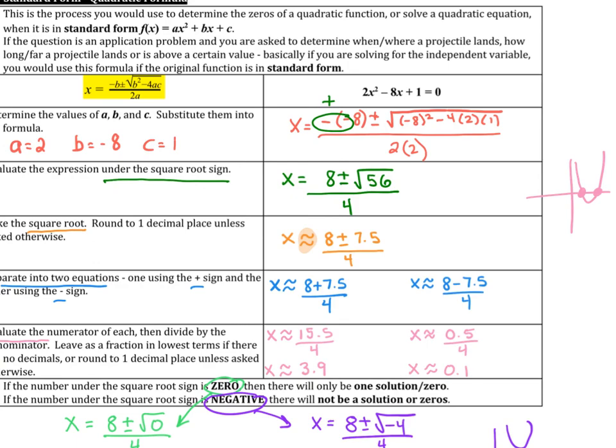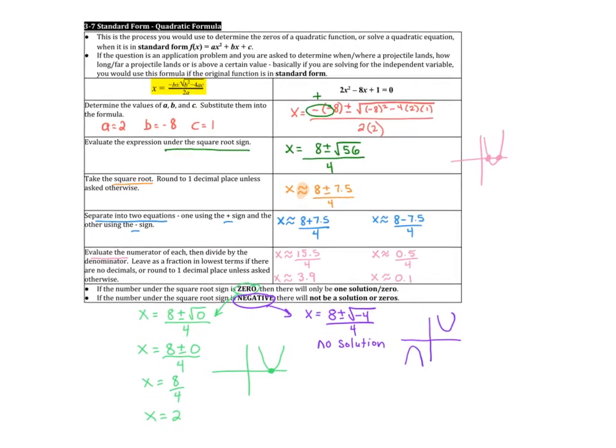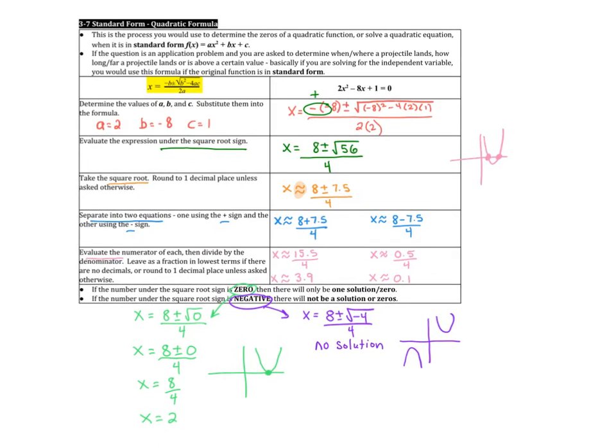So those are the three cases. You could get a positive number, which means you take the square root and follow through. You could get 0, which means you just have one solution, or you could get a negative under the square root sign, which means there's no solution, and then you're just done.